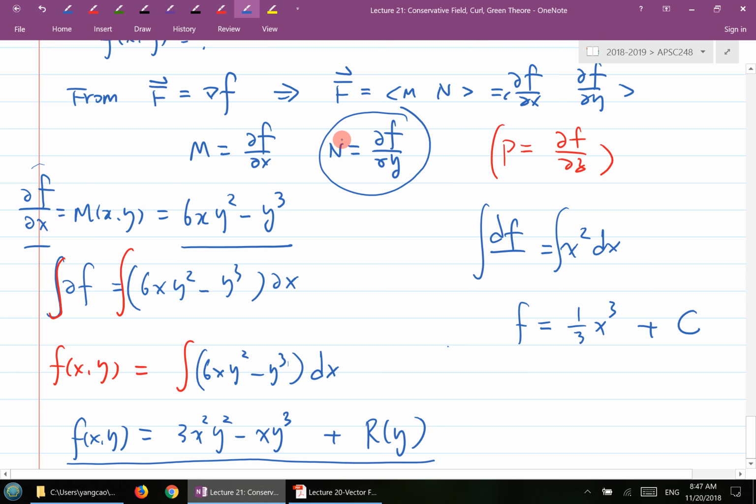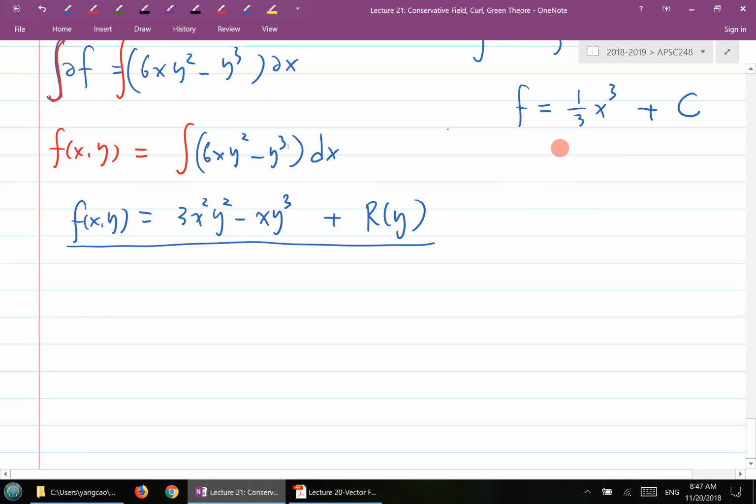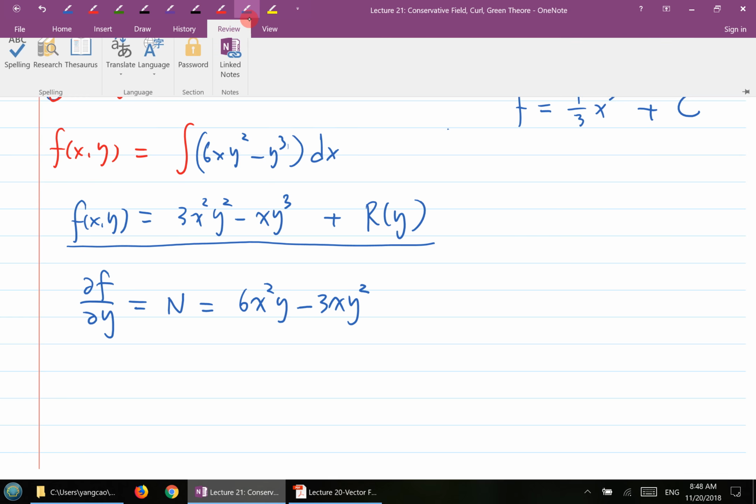Okay. Second condition says partial f over partial y equals the n component, which is 6x squared y minus 3xy squared. So this is our second condition.